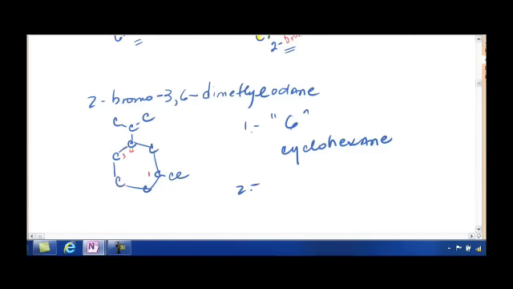So if I go 2, 3, 4, 5, 6, this little fellow gets position 3. So that's the way I'm going to go. I'm going to go this way. So you go clockwise or counterclockwise so that my substituents get the lowest number. And I'm done with rule 2.